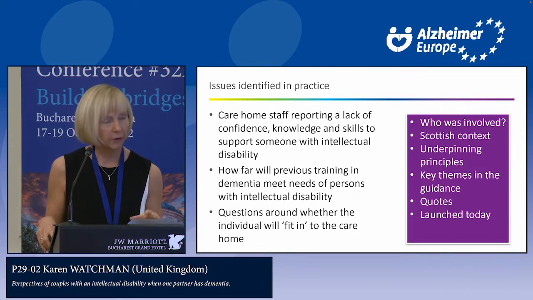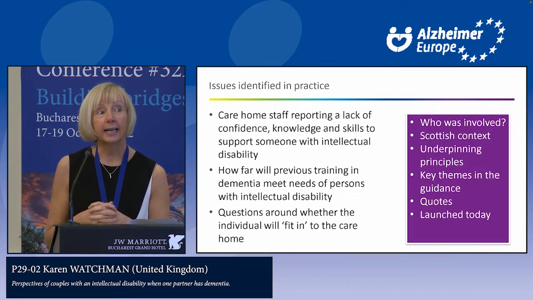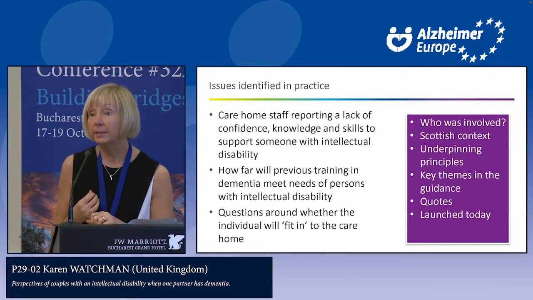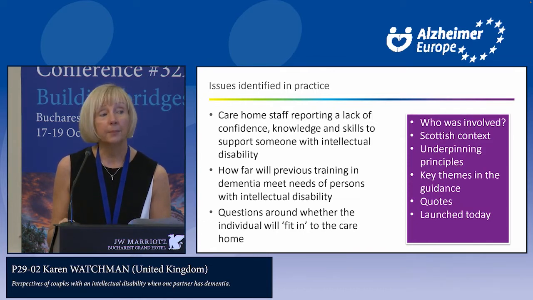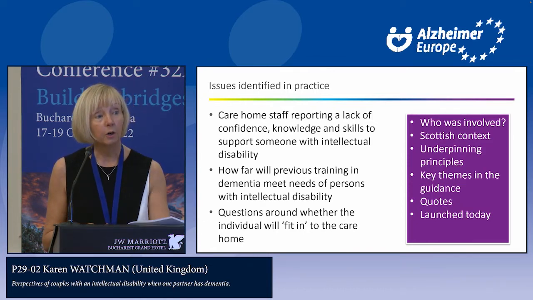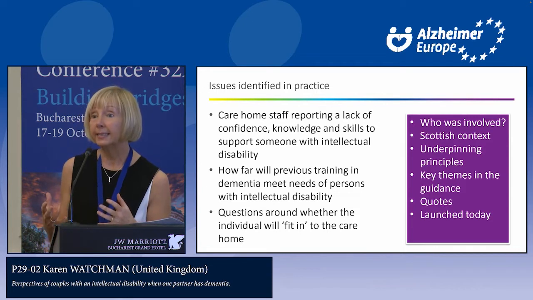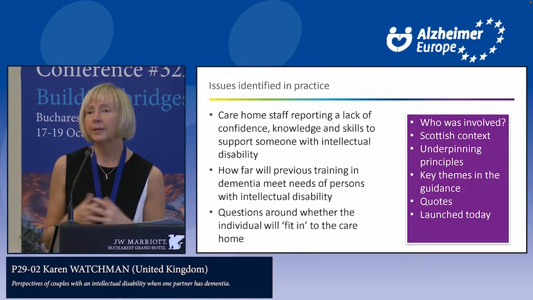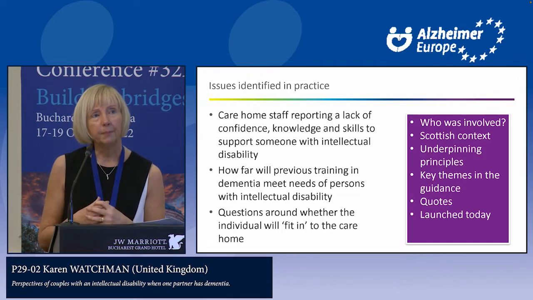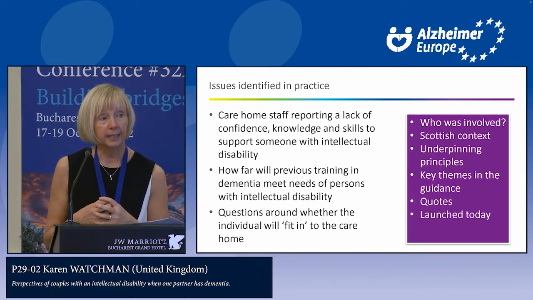So I'll just run through who was involved in the guidance, what the underpinning principles were, and the key themes that we've included. On each of the slides, I've also included some quotes from the guide itself. So we talked to a range of people, collaborated with a range of people, including obviously people with intellectual disability.